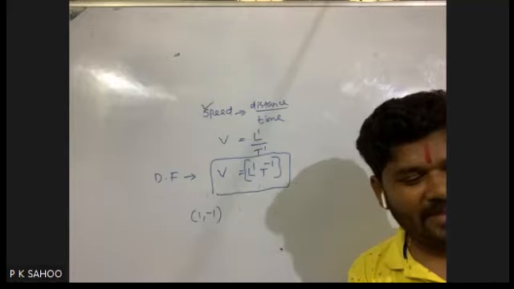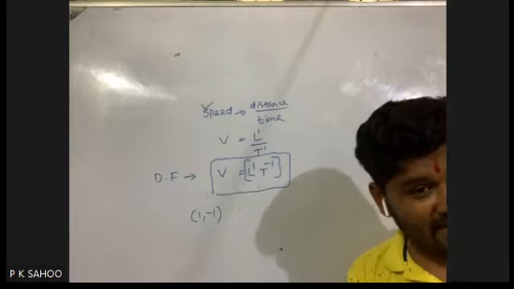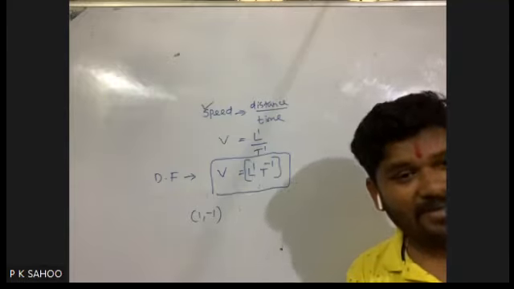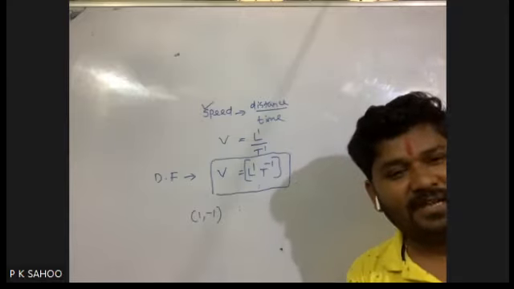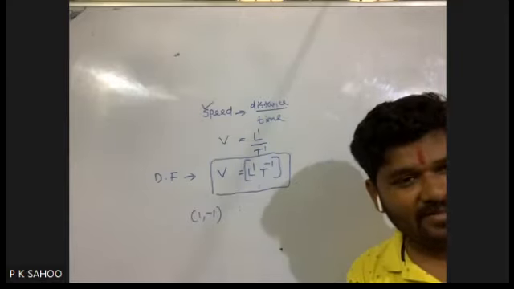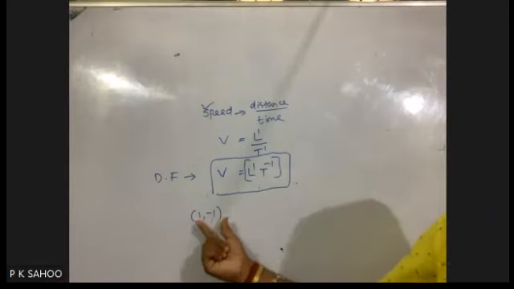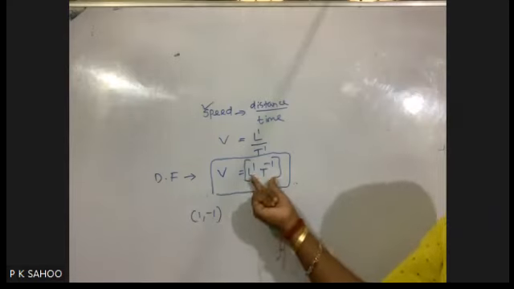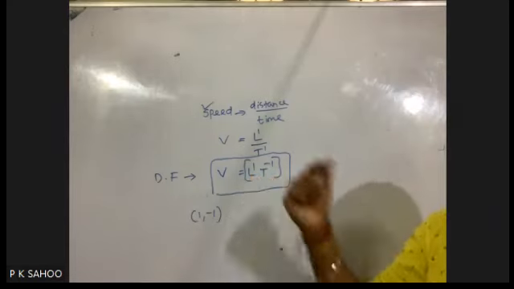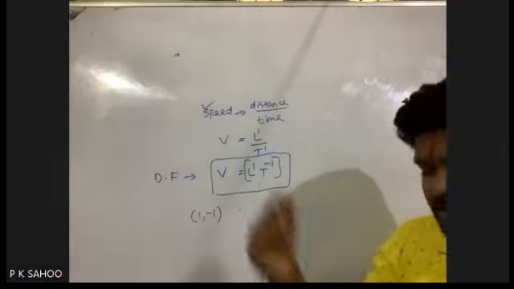So what do you mean by the dimensions? Dimensions are the numbers, or dimensions are the powers, to which the fundamental quantities are raised to express the physical quantity.